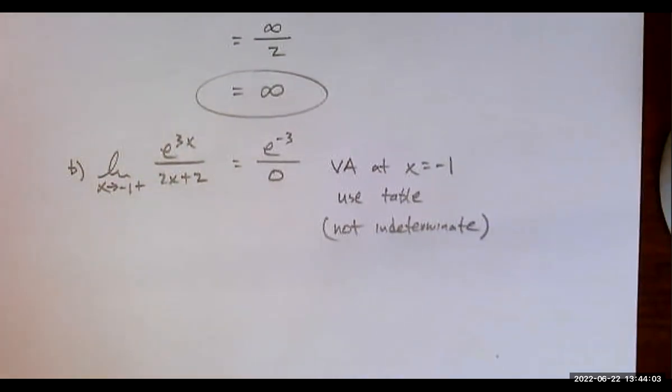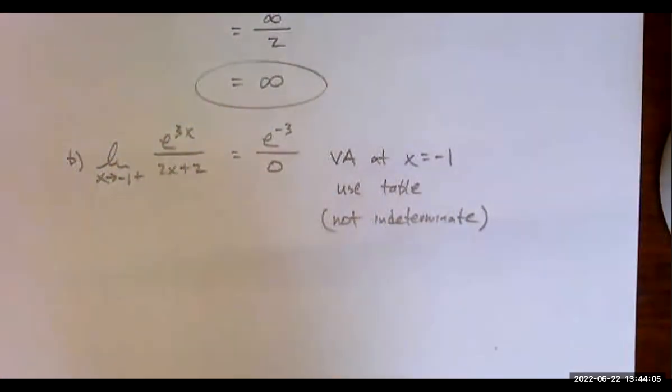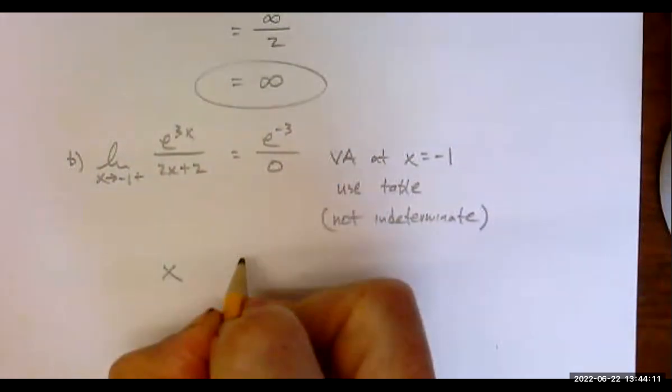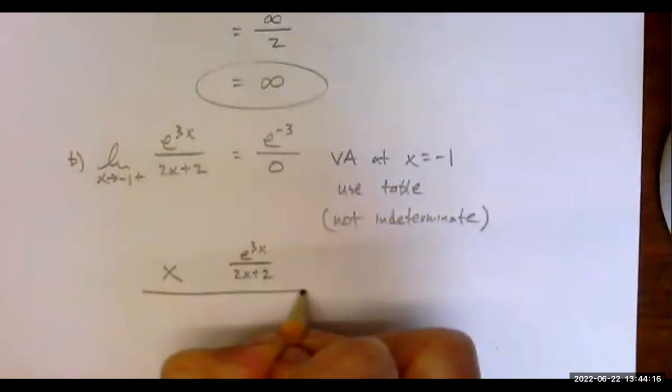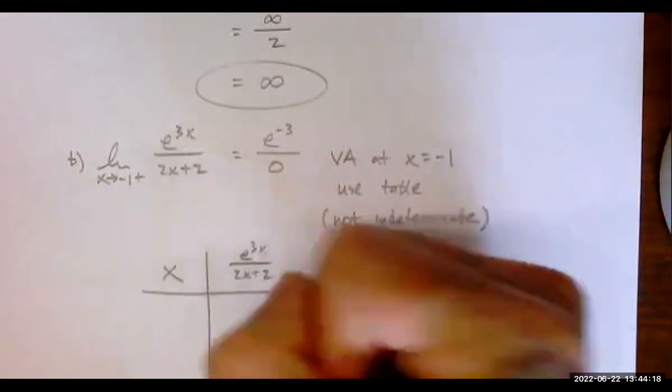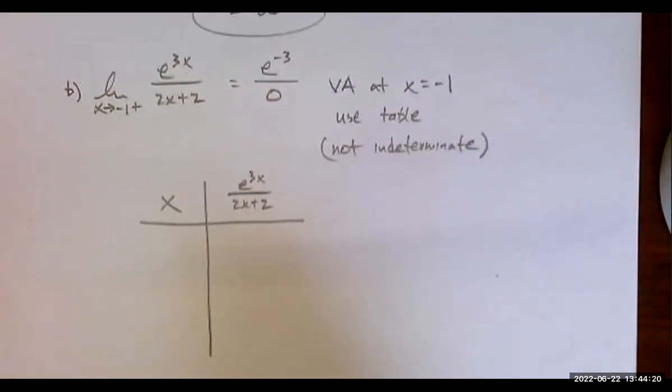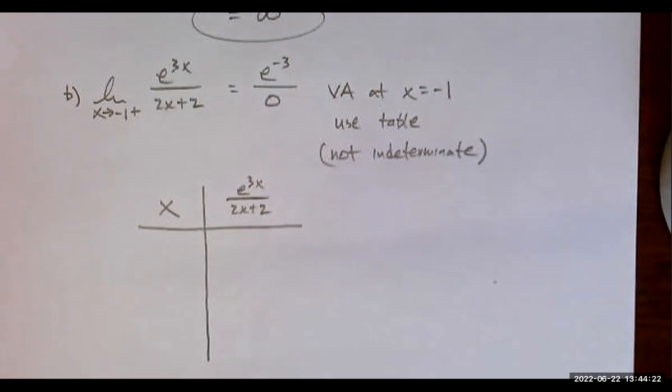Okay, so here with the table, we're approaching -1 from the right, so numbers slightly bigger. We're really just seeing, does this go to infinity or -infinity because of that vertical asymptote, right?